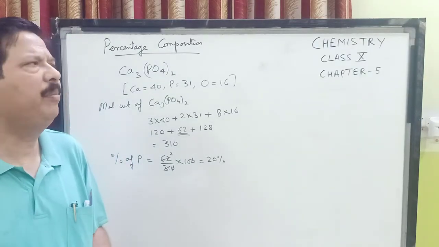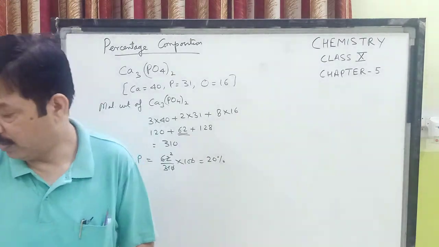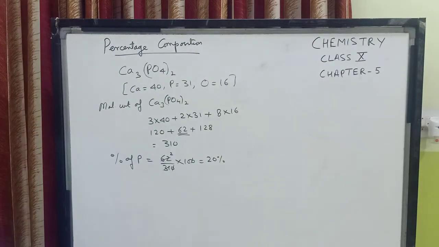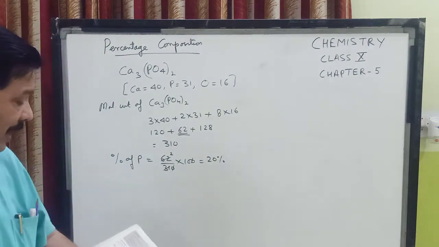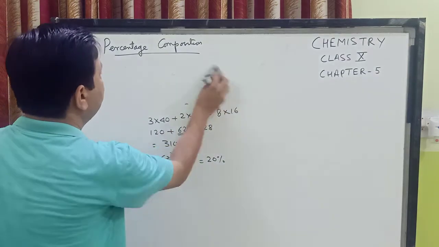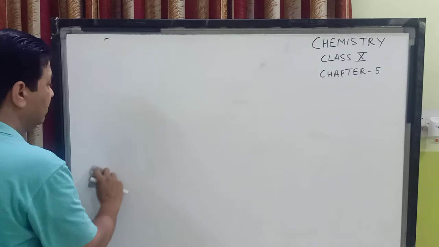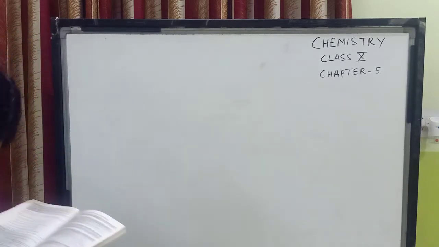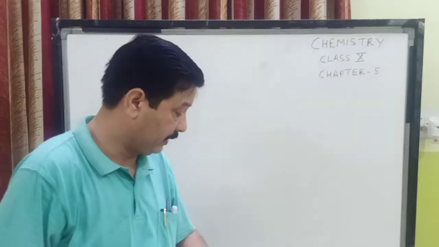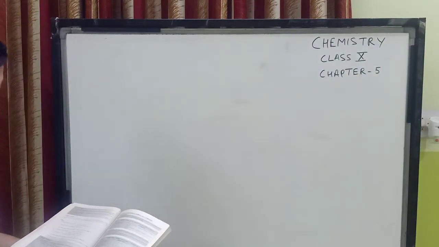Children, many times indirect questions are even asked in percentage composition. We'll do one question from the book, again on percentage composition. The question says: potassium nitrate and potassium phosphate.